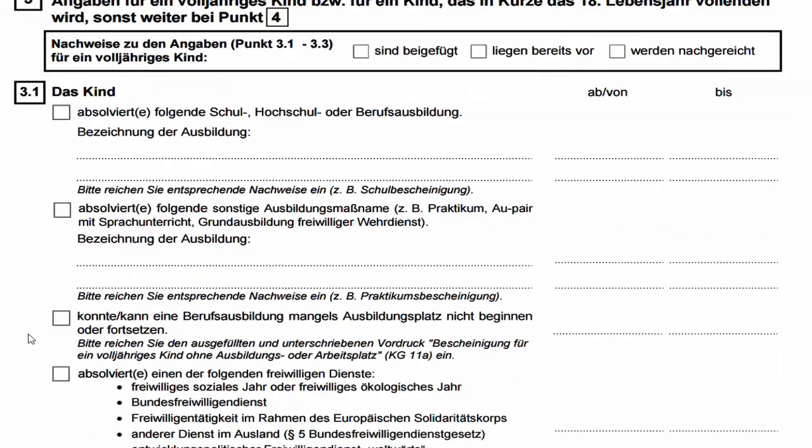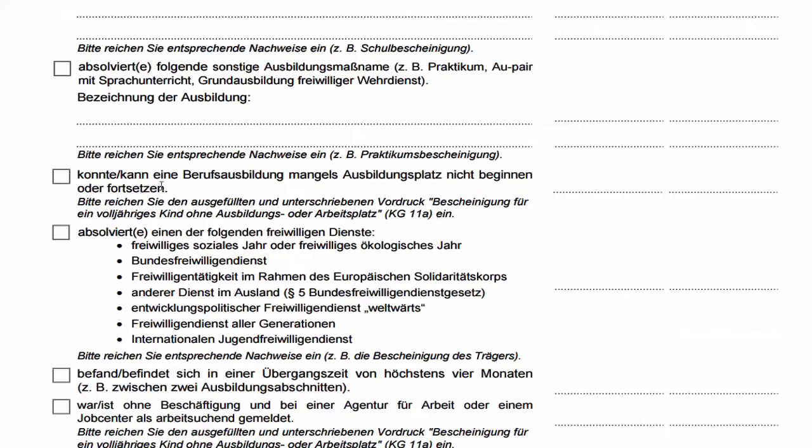If he or she cannot start or cannot continue his or her vocational training or his or her study because he or she cannot find a vocational training place or a place to do his or her study, then you mark here with a cross.